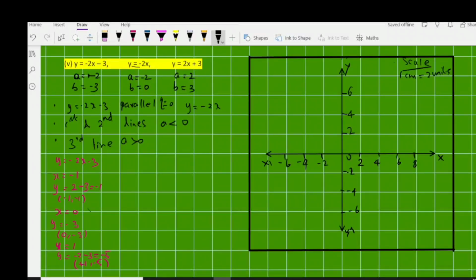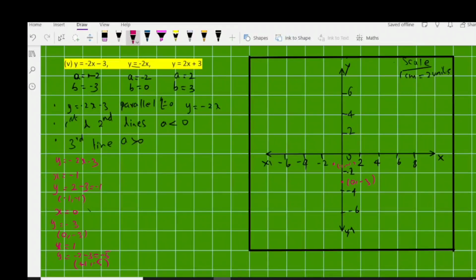First point minus 1, so minus 1 and minus 1. So it took place here. We could plot it minus 1 comma minus 1. Second one 0 comma minus 3. Minus 3 we will have here. 0 comma minus 3 is on the axis.